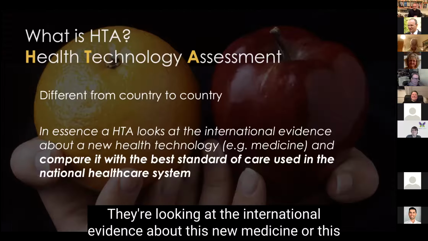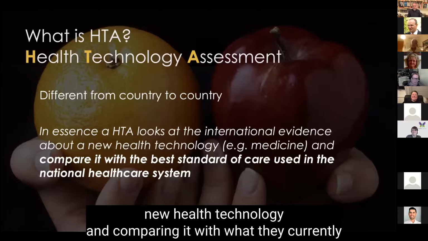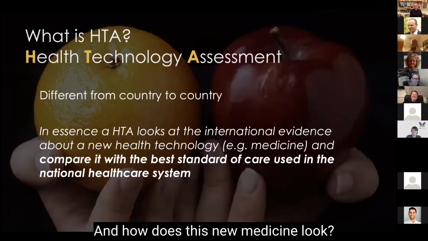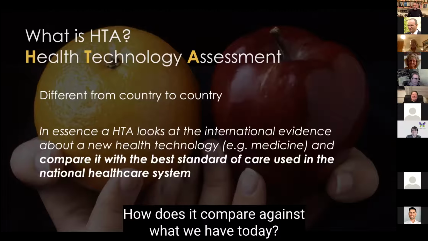They're looking at the international evidence about this new medicine or this new health technology and comparing it with what they currently have, what's currently used within our medical system in our country, and how does this new medicine look, how does it compare against what we have today?